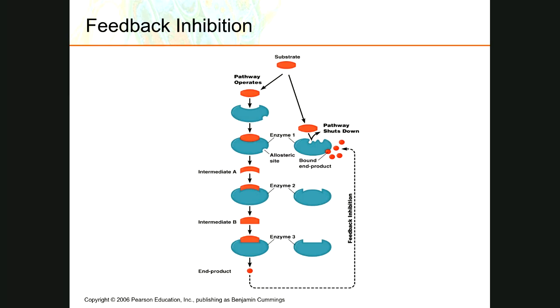So here we see an example of a metabolic pathway which has more than one enzyme. So the end product, when it is in excess, can feed back to an enzyme, usually early in the pathway, right? And it binds to the allosteric site and changes the shape. So now the enzyme can no longer bind to its substrate. Normally this enzyme would bind substrate, convert that into a product, which then becomes the substrate for the next enzyme.